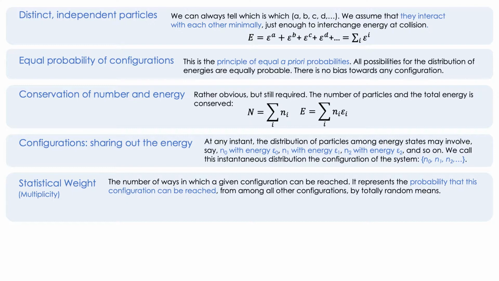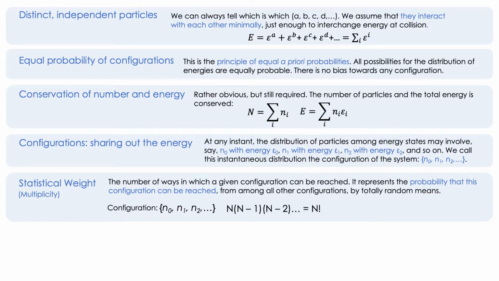Meaning, if our configuration has higher weight, it is more likely, more probable to be reached. That's what we said right before. The one with 10 possible configurations has higher probability to be reached than the other one that has only one.